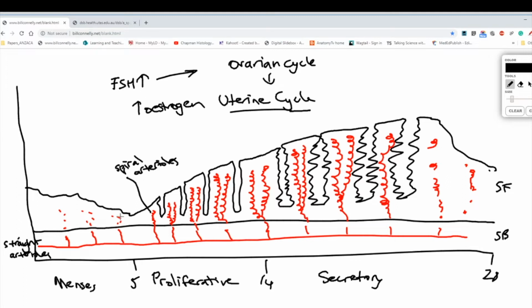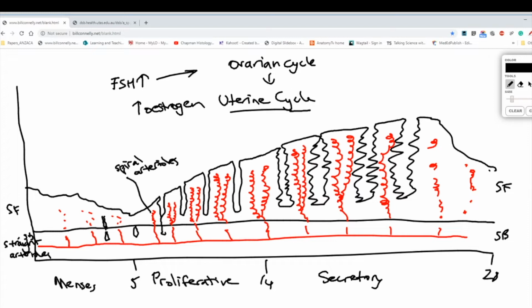So this regrowth of this shed stratum functionalis, remember this is the stratum functionalis on this side and the stratum basale down here. So during menses we shed the stratum functionalis right back to the level of the stratum basale. There are glands which I haven't drawn here, but exist down in the bottom of these.